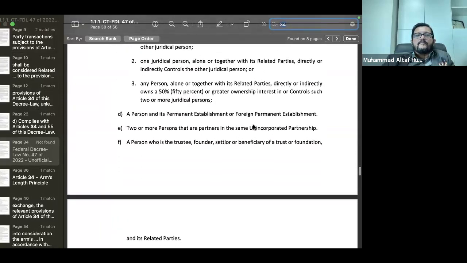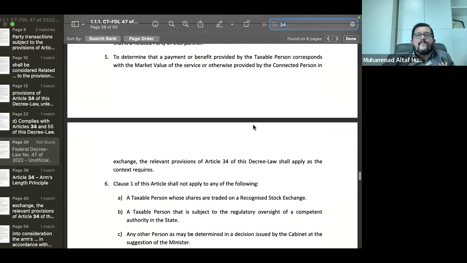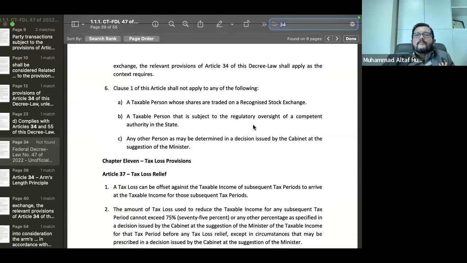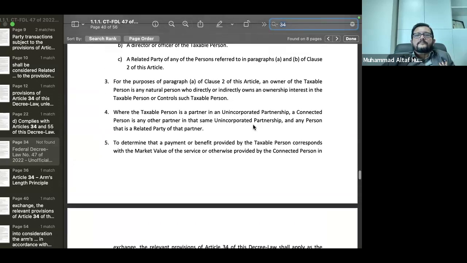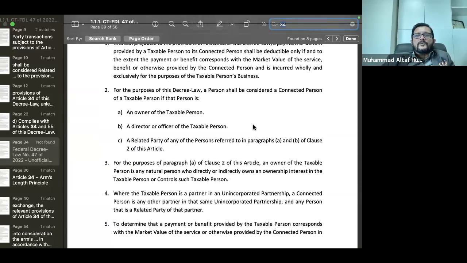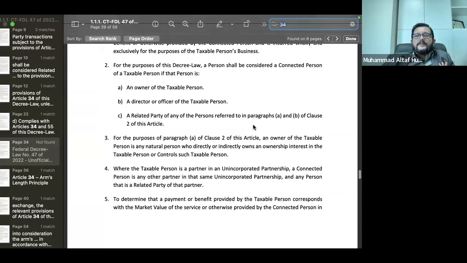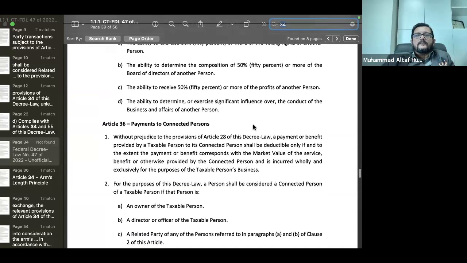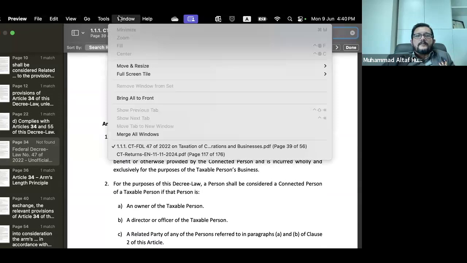There is a mention. I can tell you that, this has been mentioned in one of the clauses that there will be a decision or they will issue guidelines.